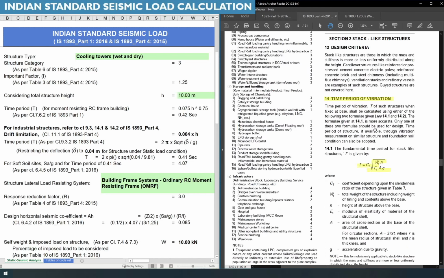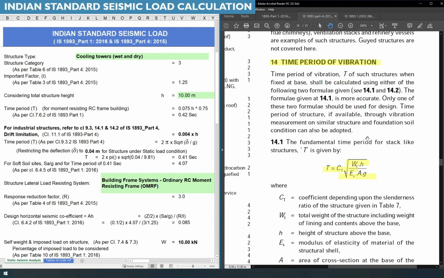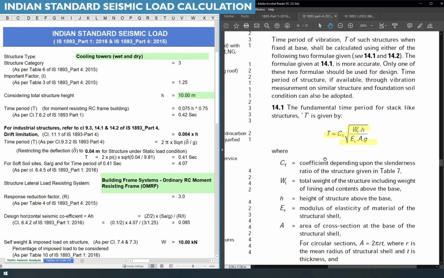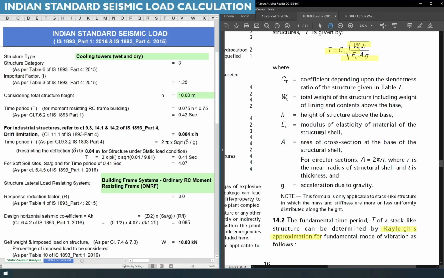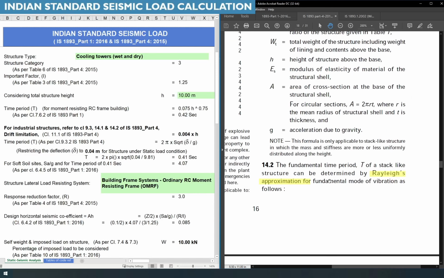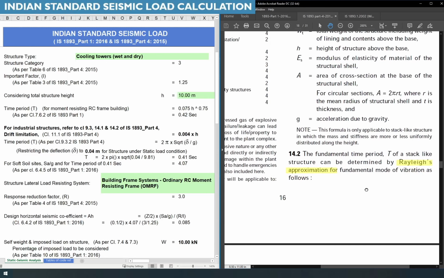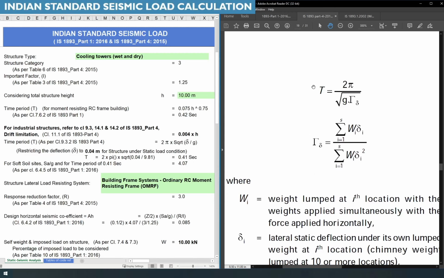You can see here that for stack-like structures the formula is given. Our case is not a stack-like structure, so this formula is not applicable for us. The alternative method given is Rayleigh's approximation for fundamental mode of vibration as follows. So these are the two methods.